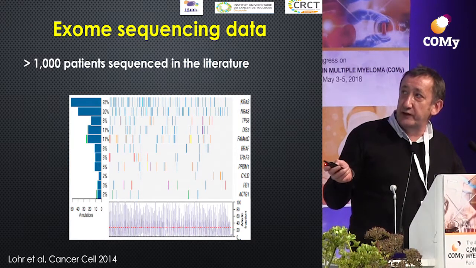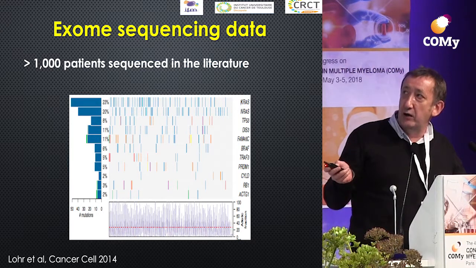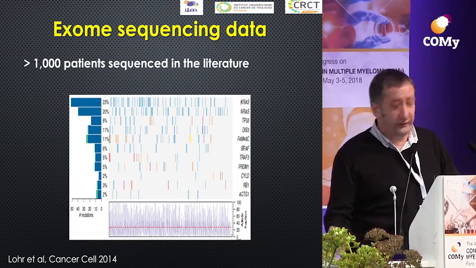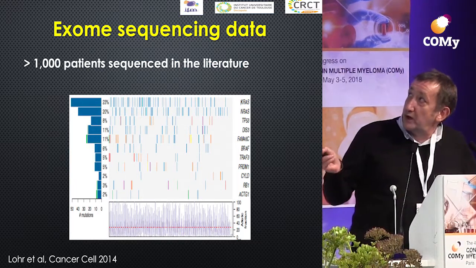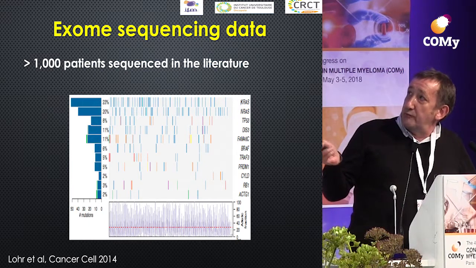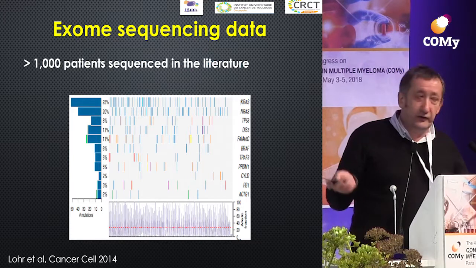After that, all the other mutations are very rare: 11% for DIS3 and FAM46C, 8% for TP53 mutation, BRAF in 6%, and after it's very low.